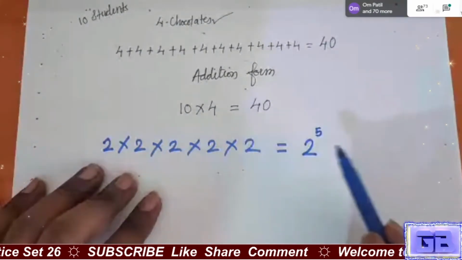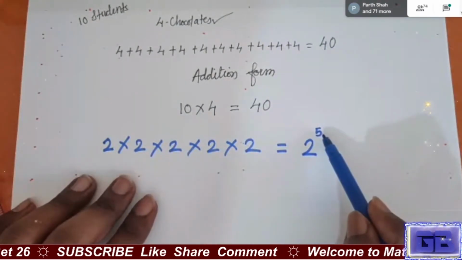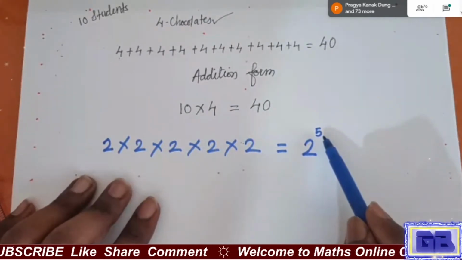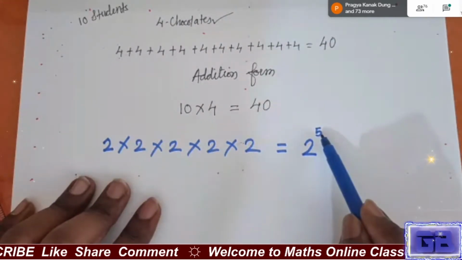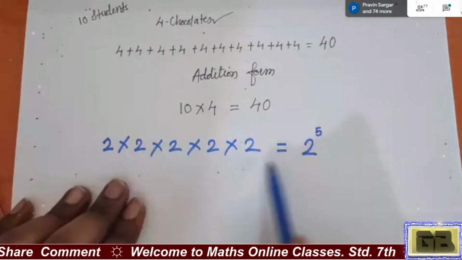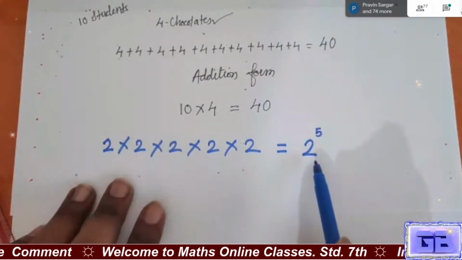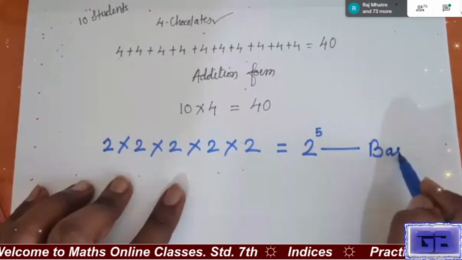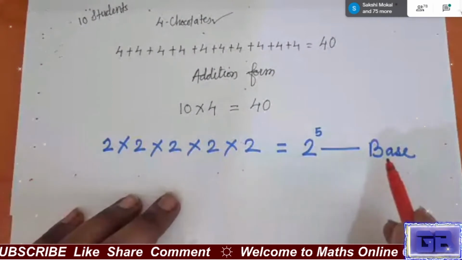Now if you observe it carefully, I have written 5 small. The size of this digit 5 is small, and the size of this 2 is normal. So this 2 is called the base.